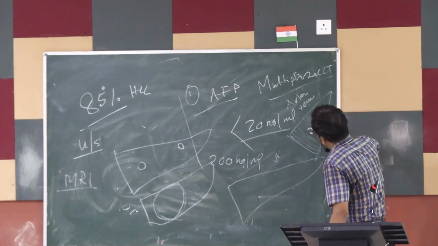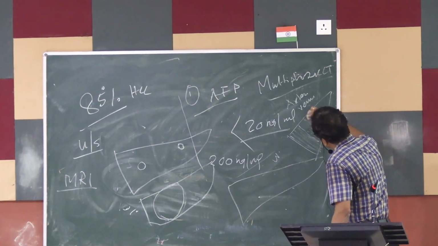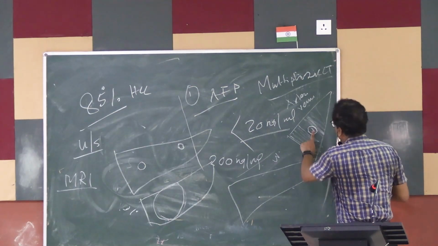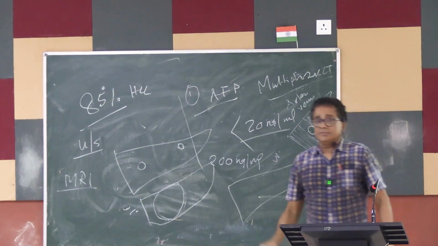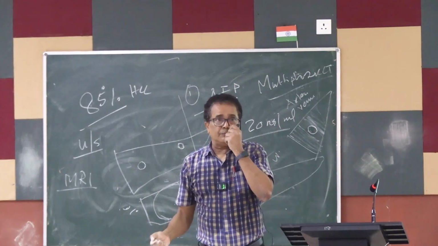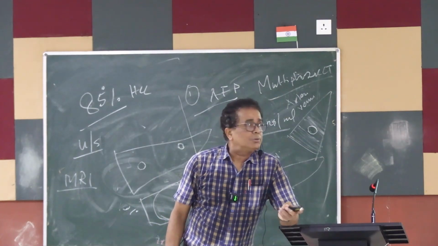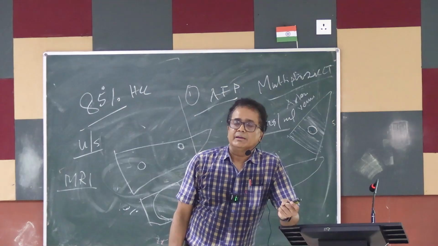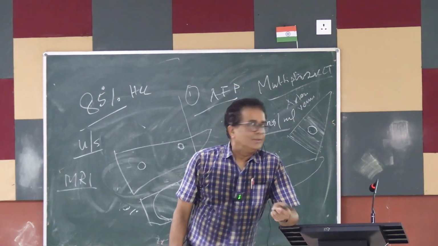That means if this is the normal liver density, this part will be practically without any white, that means there is no contrast. This is very, very diagnostic of hepatocellular carcinoma. So the diagnosis of hepatocellular carcinoma is by multiphasic CT, with early enhancement followed by late washout.